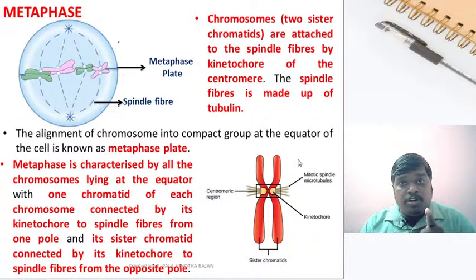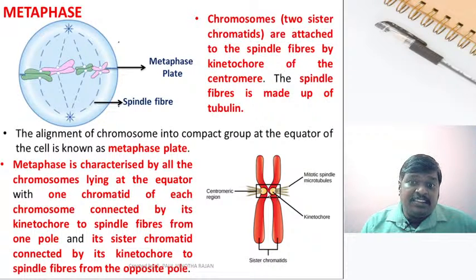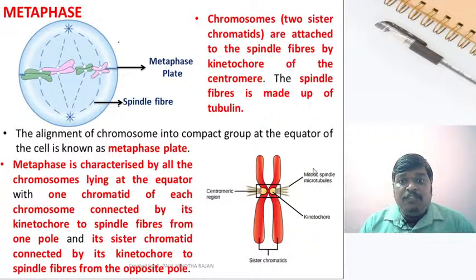I have told you already about the kinetochore. Can you see that? This is the kinetochore structure. This part is called the centromere, and there are two kinetochores. The spindle fibers are microtubules that are formed from the centrioles. They attach to the kinetochore, and this is what arranges all the chromosomes at the equatorial plate in a straight line.